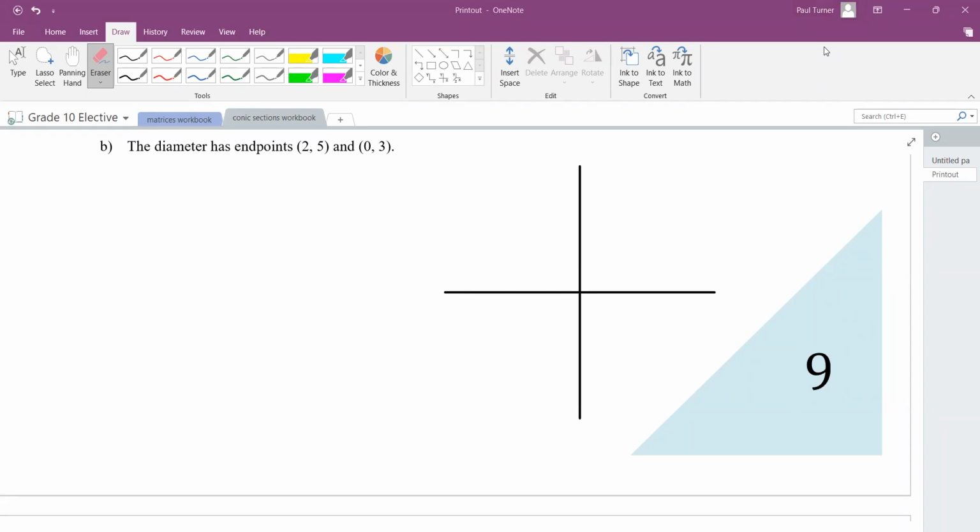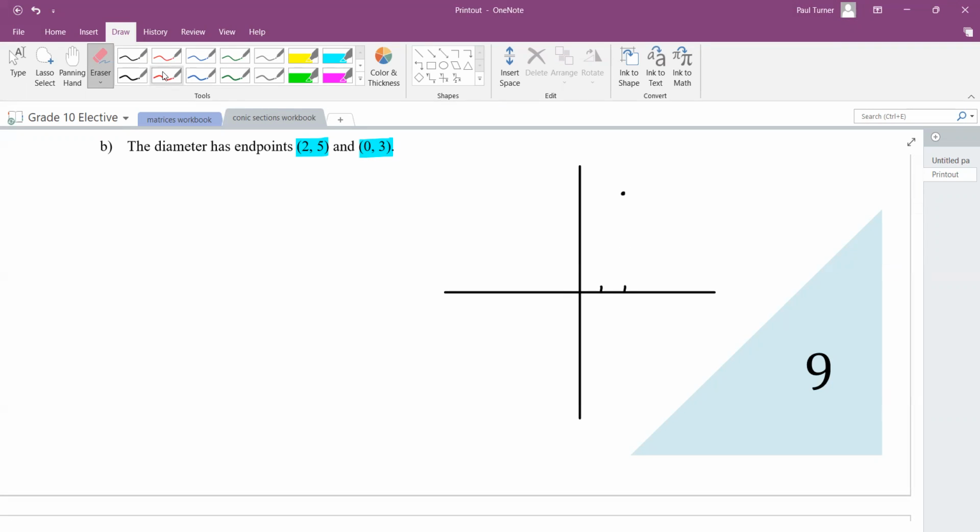Okay, so in question B here, we have a diameter that has endpoints 2, 5, and 0, 3. And the best way to start thinking about this is to mark the points. And remember, the aim is to find the equation of this circle. So 2, 5 would be 1, 2, 3, 4, 5. So that's about here. This is 2, 5. There.